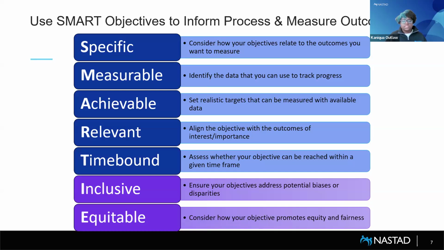Also, is it important to your stakeholders or your priority populations? And here we also emphasize making sure that you're involving people with lived experience and those stakeholders throughout this process, because they're going to really provide that additional context to help you determine whether or not you're focusing on realistic or relevant objectives. And then finally, you're looking at whether or not that objective can be reached within a given time frame.